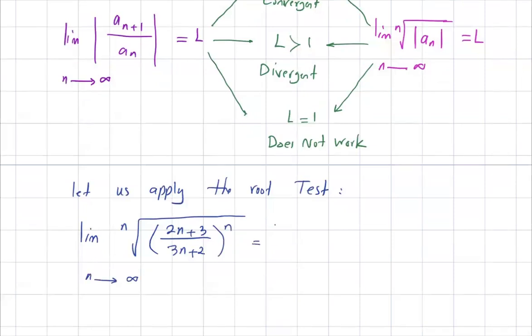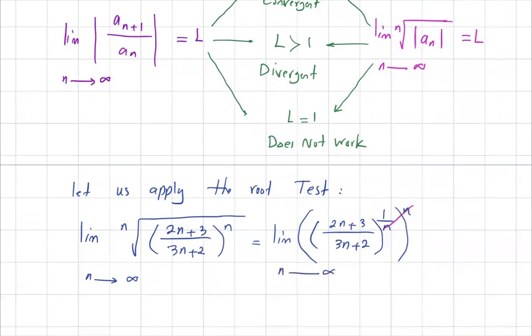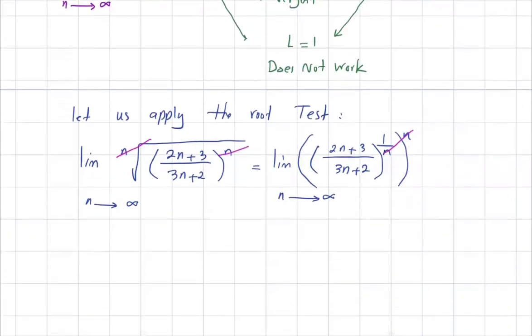It can be written as the limit of ((2n + 3)/(3n + 2)) to the power 1/n, and all is raised to the power n. You can cancel out n divided by n. You could cancel these two out here, n as the root, n as the exponent, and you get this quantity back.